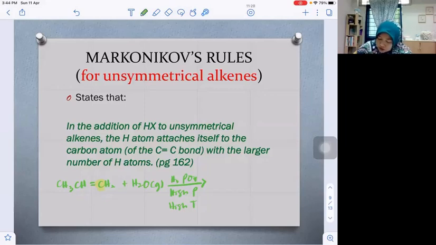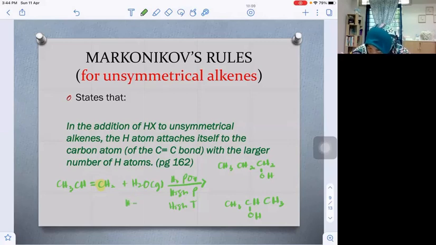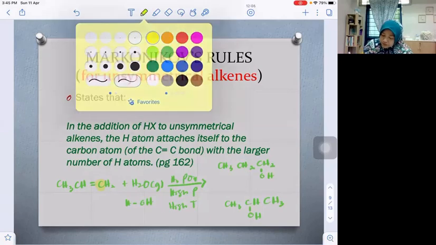So the two possible products will be CH3CH2CH2OH. And then the second possible product is CH3CH, OH attached to this carbon, and CH3. So the major product according to the Markovnikov rule is when the hydrogen from the H2O, see, this is how for us to remember it, it will break here.